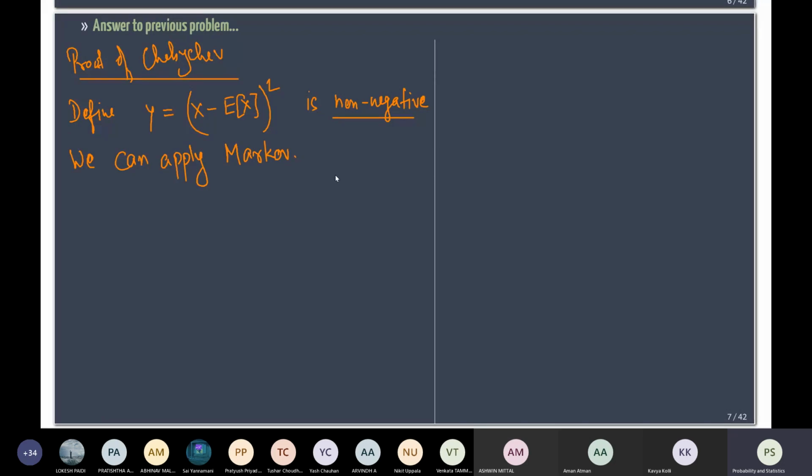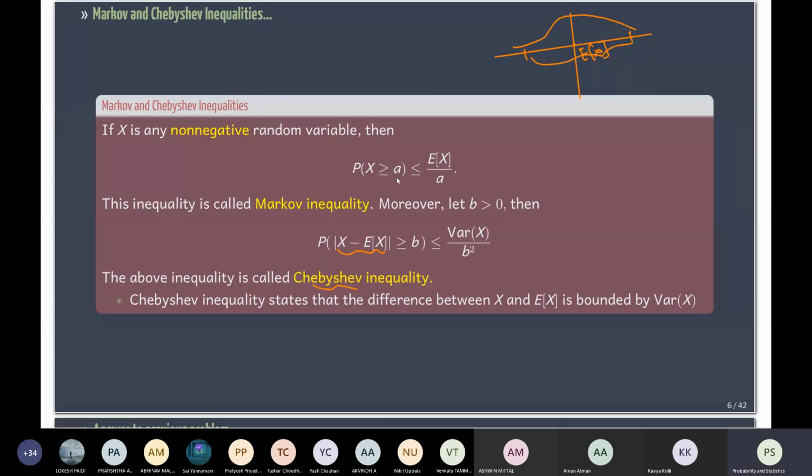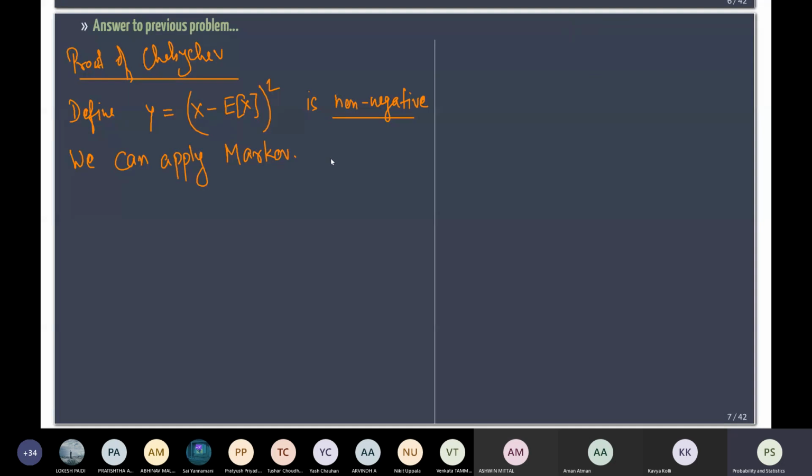Okay, so for any positive real number b, the Markov. Yeah, so I intend to use Markov, but I want to arrive at Chebyshev, so I will choose some constant b here. Okay, so for any positive real number b, we have the probability that y is greater than or equal to b square, assuming that y is this and which is non-negative.